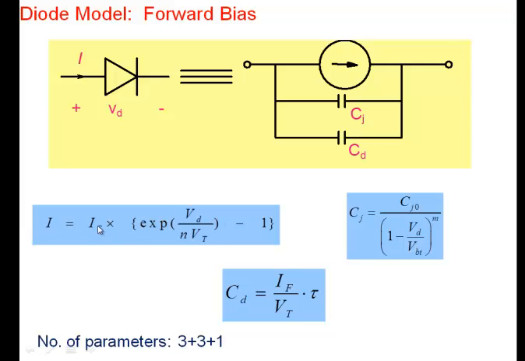So I need how many parameters here? 3. And how many parameters do I need here? CJ0, VBI, and M. So 3 parameters here. And how many do I need here? Tau. So how many parameters do I need? 3 plus 3 plus 1. So I need 7 parameters at least. So if I give you these 7 parameters, now you're in a position to use this particular diode. You know how the diode behaves. How much is its capacitance, diffusion capacitance, junction capacitance, its current.